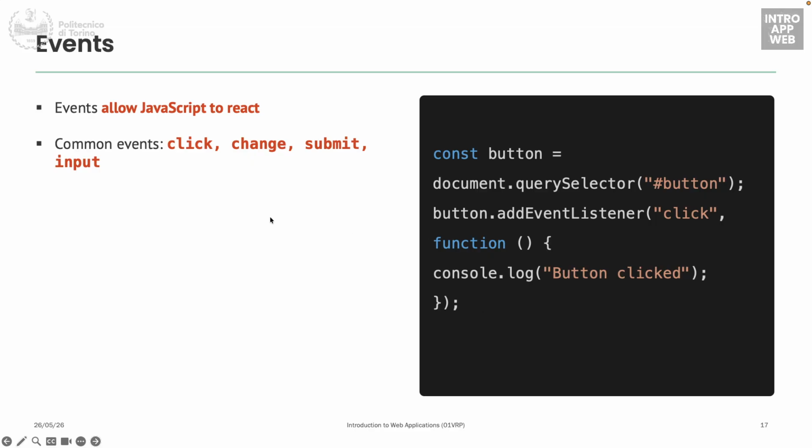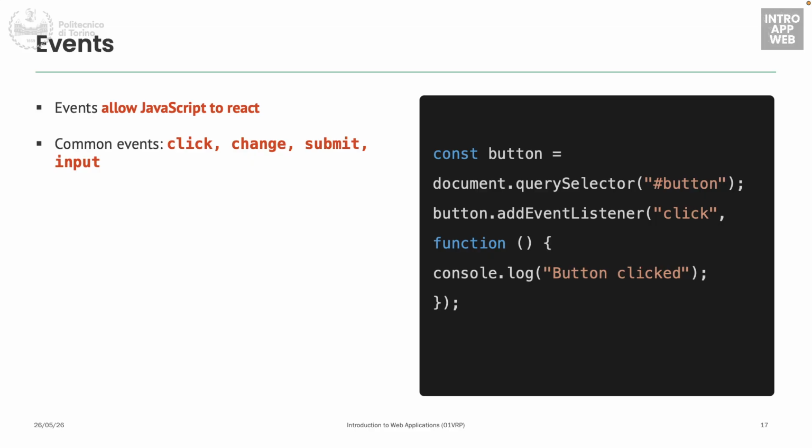But there are some other common events, such as click, change, submit. So for instance, submit, when do you think we are using submit? When submitting a form, and we want to do something like that. Or input, where do you think we can use input? Or what do you think input refers to? In a form, for example, like input in some text area.